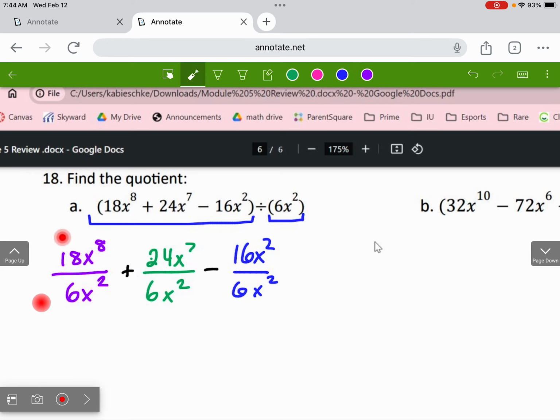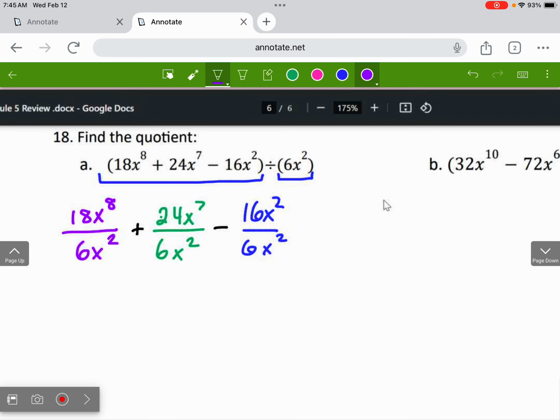So looking at this first guy here, what are we going to get when we have 18x to the 8th and we divide it by 6x squared? What's 18 divided by 6? 3. What's x to the 8th divided by x squared? X to the 6th. That's that I have 8 x's multiplying against each other on the top and 2 x's on the bottom.